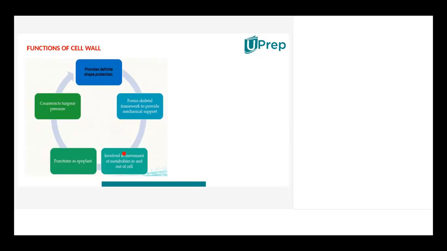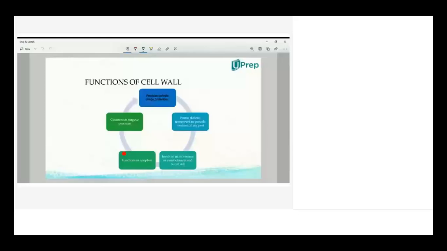Assume that this is the plant cell. Now, the plant cell surrounding medium is having a solution whose concentration is equal with the concentration of cytoplasm inside the cell. I'm using the word equal.